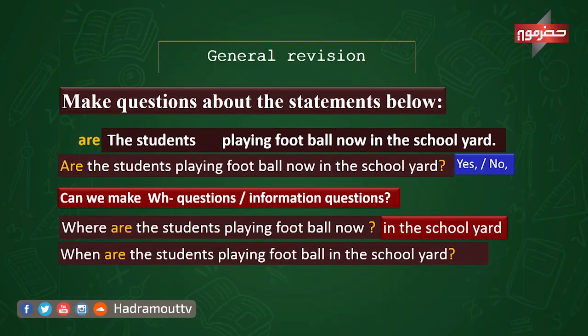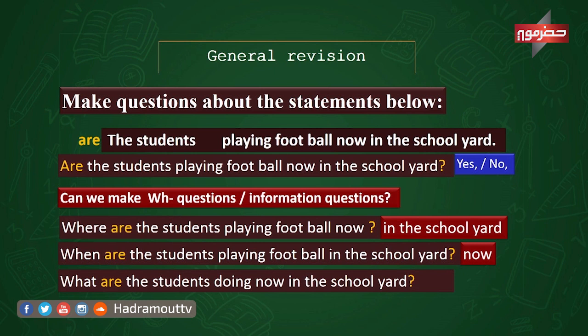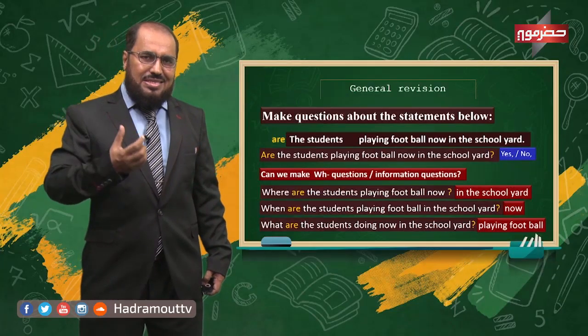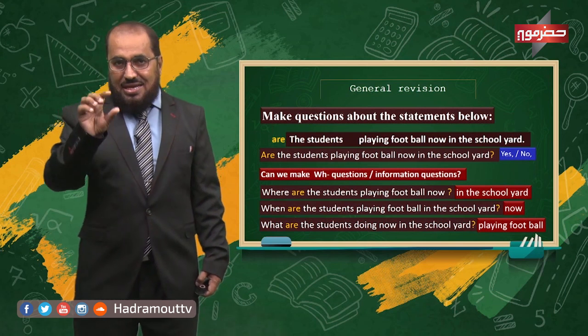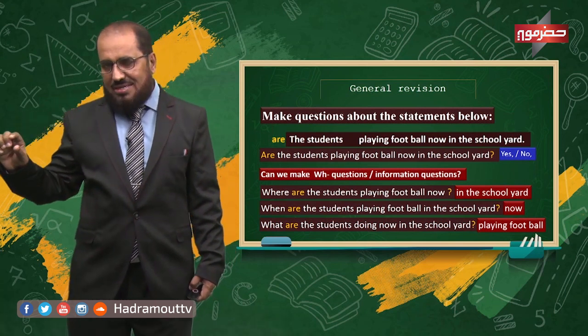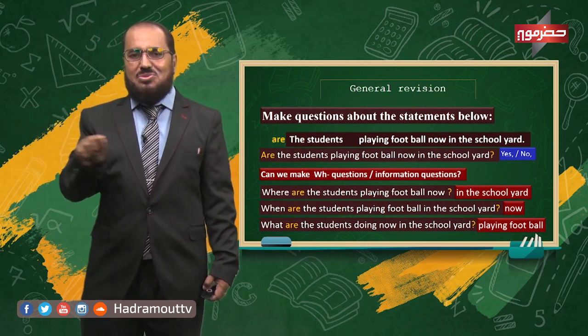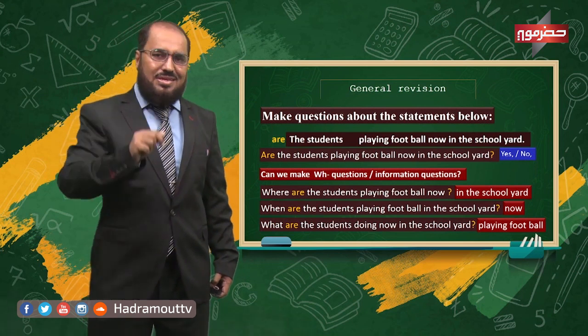When are the students playing football in the schoolyard? Now. Or what are the students doing now in the schoolyard? Playing football. عادة في صياغة الأسئلة وفي التمارين وفي الاختبار هذه الإجابات اللي تلاحظونها في آخر الأسئلة الحمراء هذه هي التي يضع تحتها خطوط وعليك أن تصيغ السؤال عنها تماما زي ما وضحنا الآن.